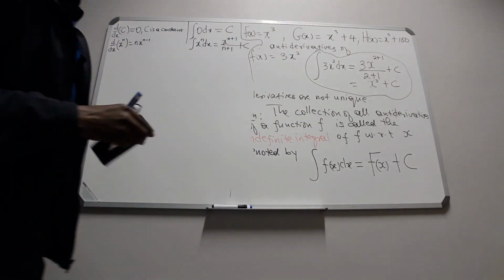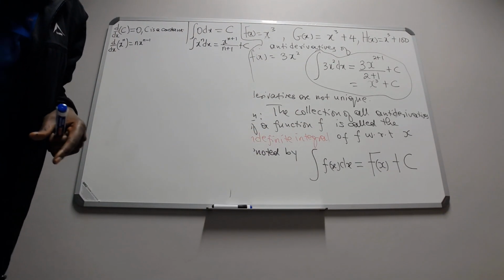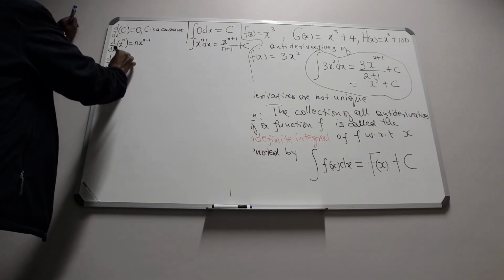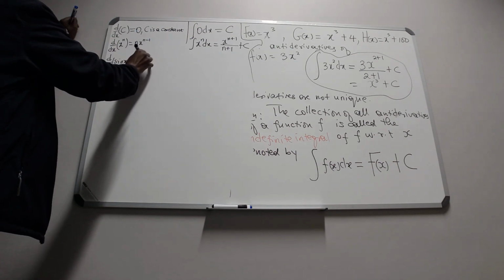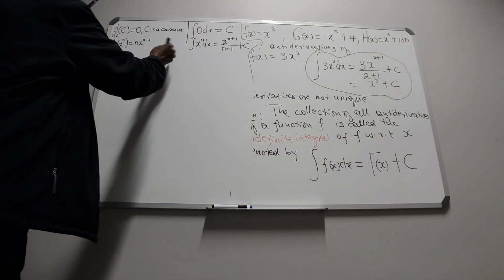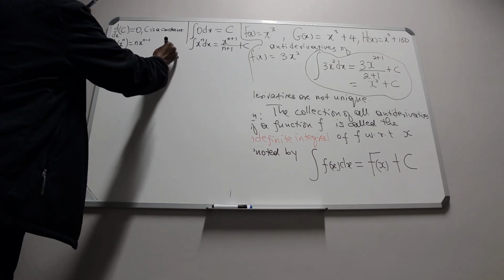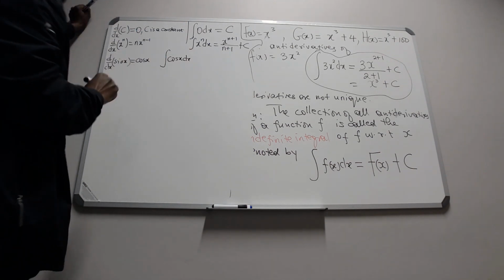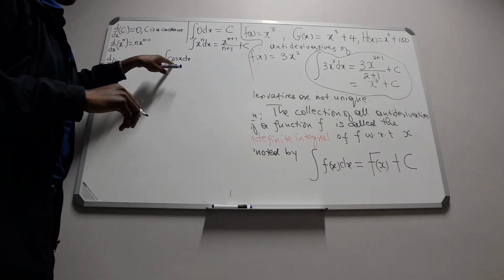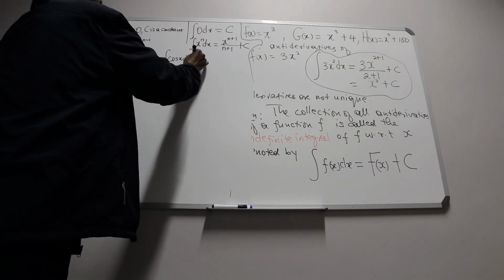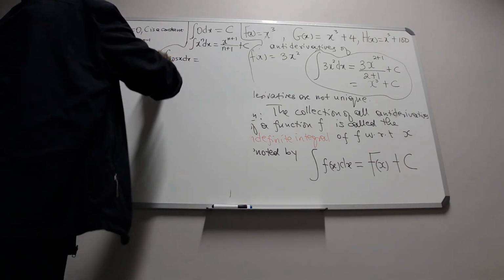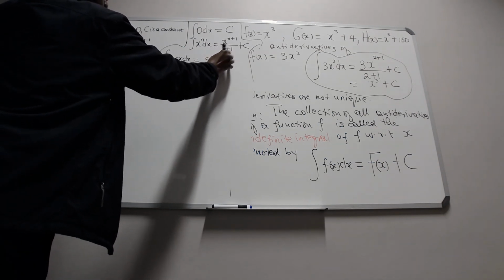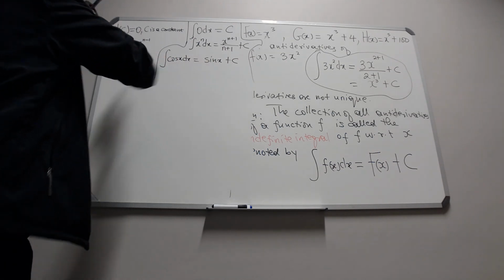Then you will recall that the derivative of sine x is cosine of x, as we've already noted. Then we can ask ourselves, if we have the integral of cosine of x dx, what did we differentiate in order to get cosine of x as an answer? We know that we differentiate sine x plus c to get this as an answer.